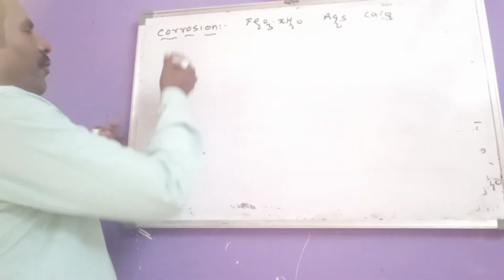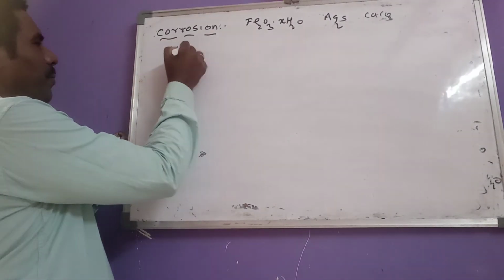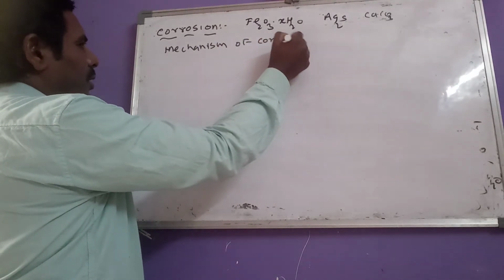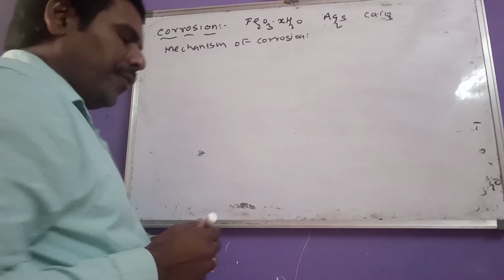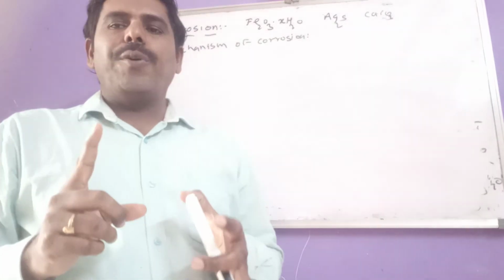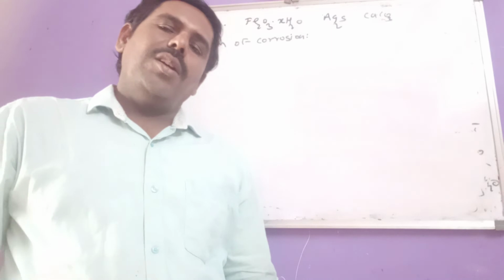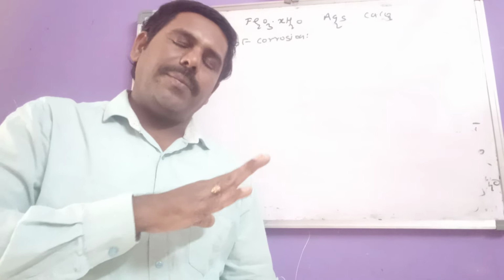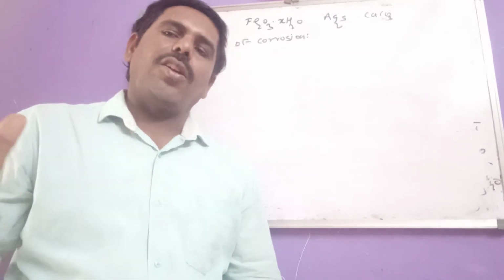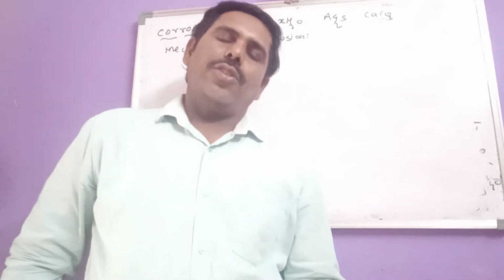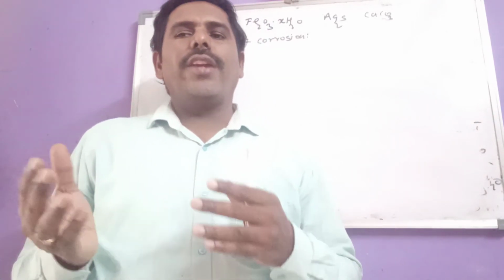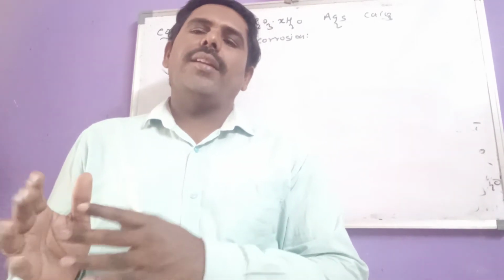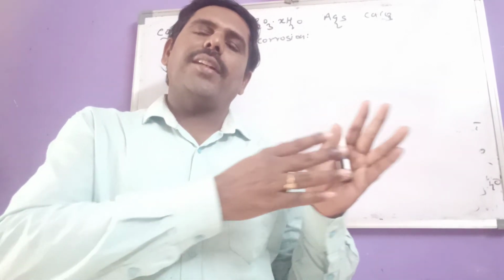First, the mechanism of corrosion. In a simple sentence, the reason is just anodic dissolution. That is nothing but corrosion. In a galvanic cell we observed that the anode undergoes oxidation, that means dissolution, but at the cathode reduction takes place.